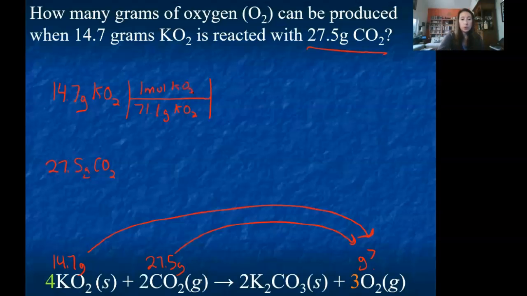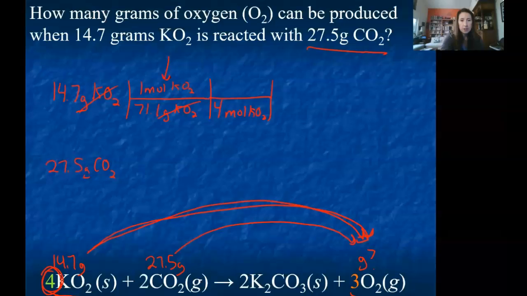Okay, now what I'm going to do here is take KO2 and convert it to O2. I had to go to moles because the only way I can convert from KO2 to O2 is to get to moles. Well, I'm at moles now. This is when we use those coefficients. The 4 has to go on the bottom because this unit's up here, so I have to put it on the bottom.